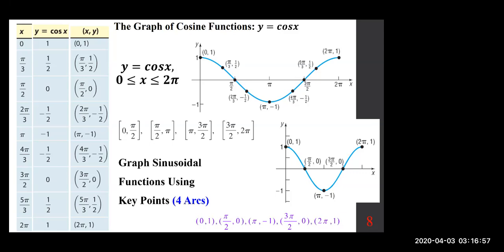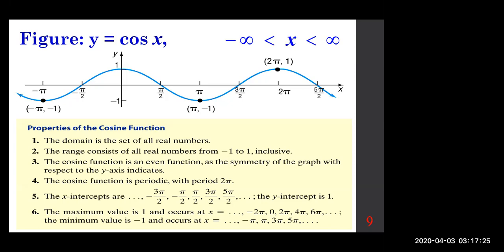Pi, negative 1, is the minimum value of the function. 0, 1 and 2 pi, 1, both of them represent the location for the maximum. Now this is only one cycle, class. This is the general form. Does that make sense? Is everybody okay with that? Yeah.